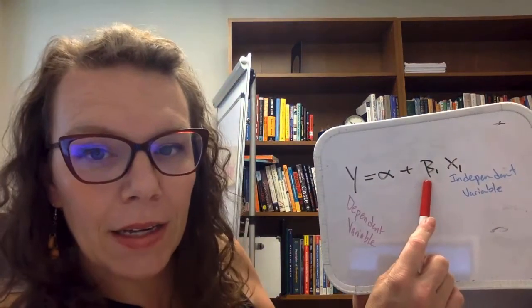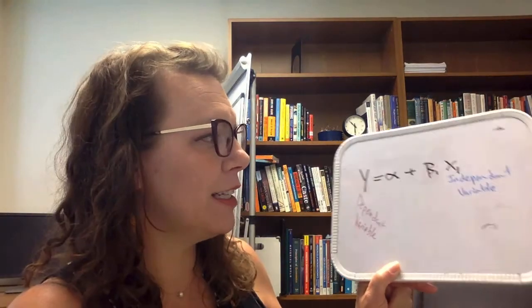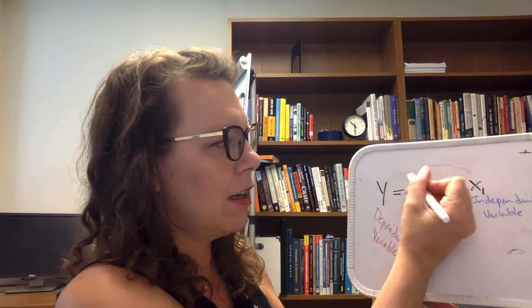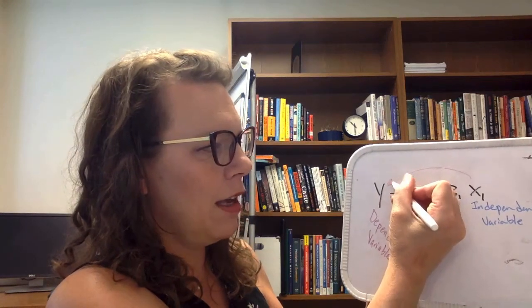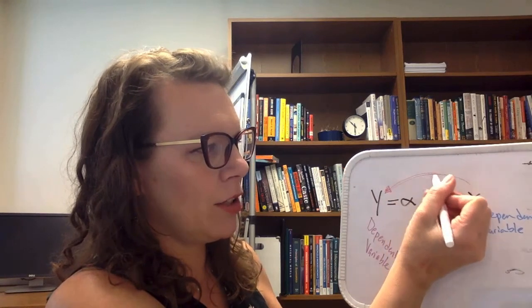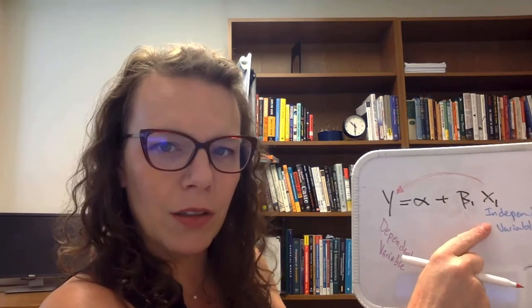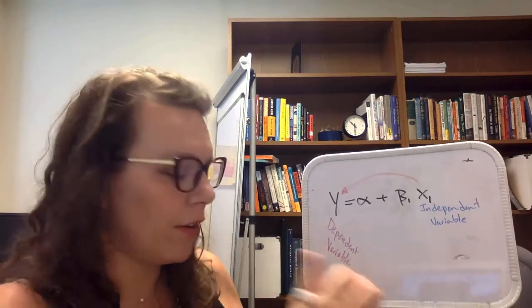It's going to explain the effect of x on y. And what our statistical software does is it estimates our beta, our coefficient, to try and explain how a change in x affects y. That's basic regression analysis, right? We're just trying to explain how the independent variable determines changes in the dependent variable.